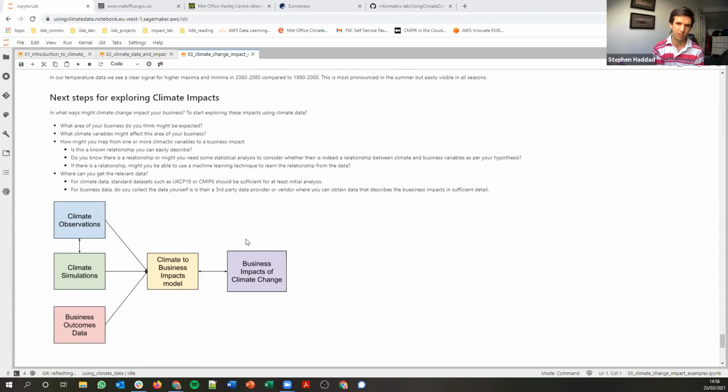Might you have to learn it? So you can use machine learning or statistical analysis to learn that relationship and develop that model. And then where can you get the data that you need, both in terms of the business data and the climate data? And once you've answered those questions, you can start thinking about how climate change might affect your business.